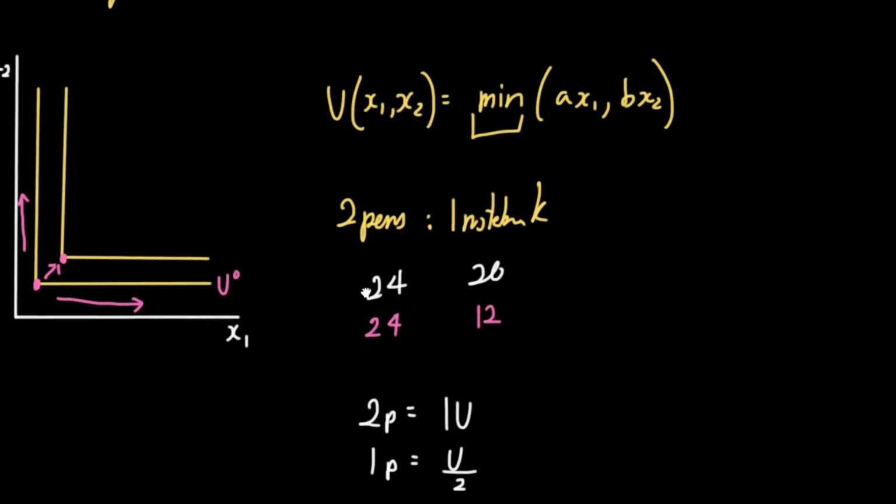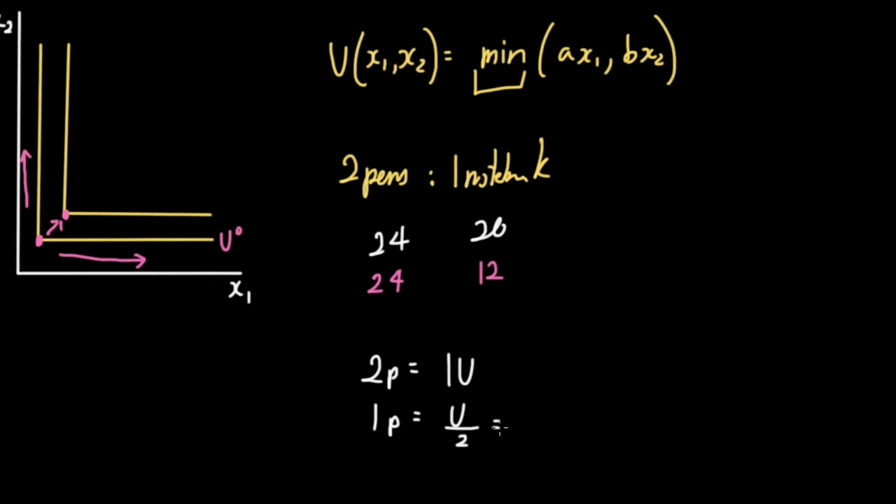And this can be rewritten as 1 over 2 u. And 1 over 2 here is the value for a. So a is equal to 1 over 2. On the other hand, 1 notebook would give 1 unit of utility, so b would just be equal to 1.